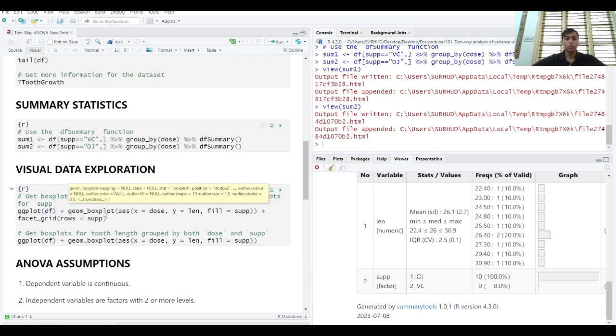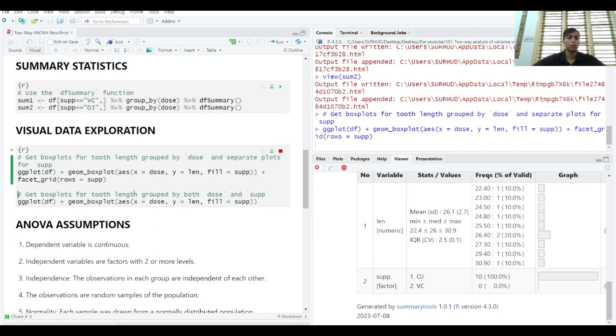We want to get box plots because we can visualize medians with their interquartile ranges. The aes function stands for aesthetics. We can provide arguments for the variables we want to provide on the x-axis, y-axis, and whether we want to fill with any color, fill with any group. And the facet_grid function helps us to group in separate plots. So if we run this function, you can see how this works.